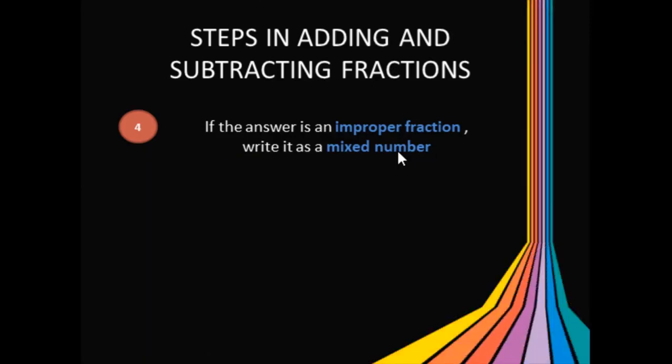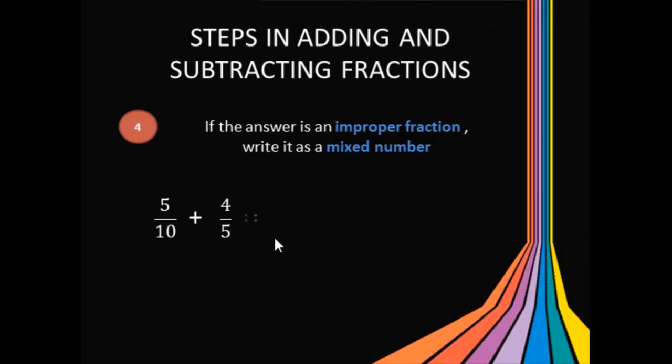This time I will tell you what is an improper fraction and a mixed number. But first, let's answer. 5/10 plus 4/5. Denominators are different.